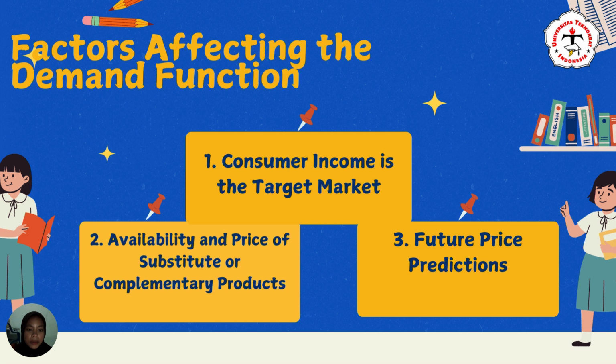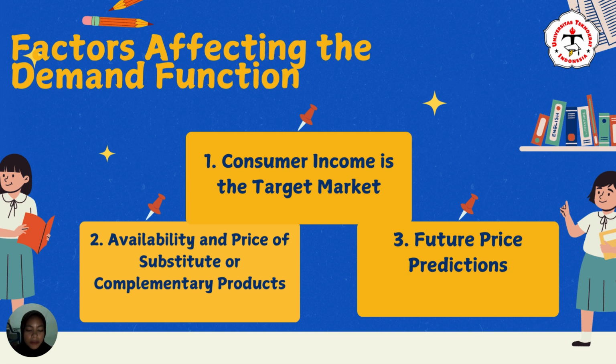Second, availability and price of substitute or complementary products. The price and quantity of product available on the market can also be influenced by the availability of goods and the price of substitute or complementary products on the market.